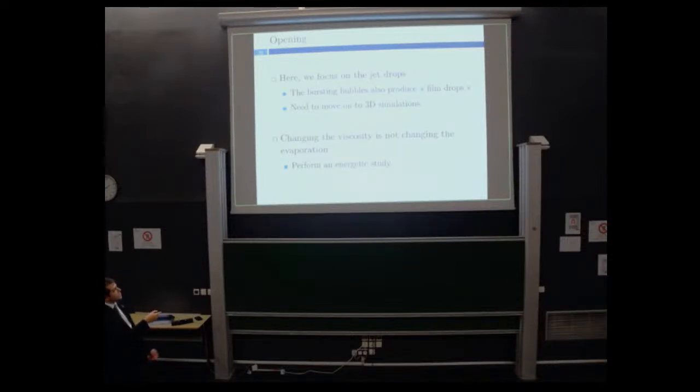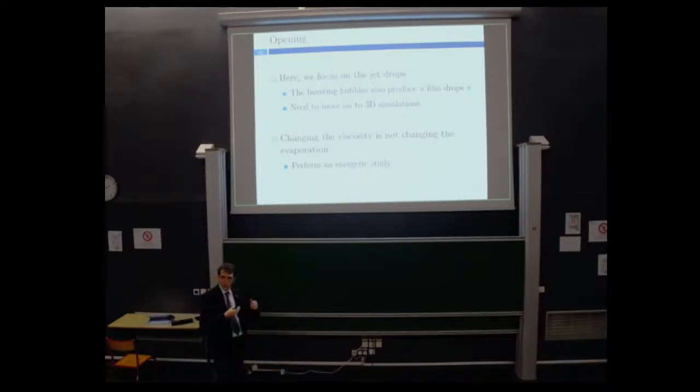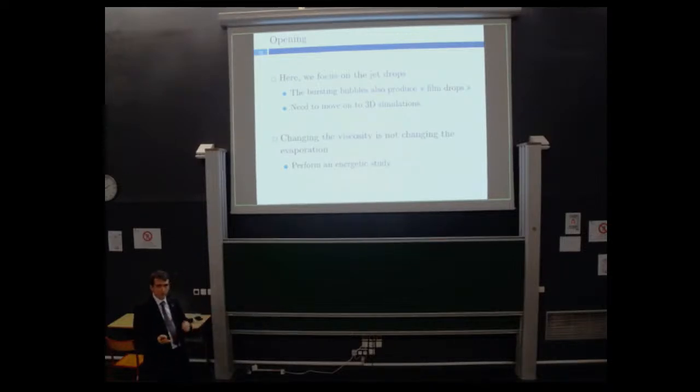We've also seen that changing the viscosity during the evaporation process does not change the evaporation at all. So there might be some quantities that are conserved during the evaporation. We might want to perform an energetic study to characterize what quantities are conserved before the evaporation process.